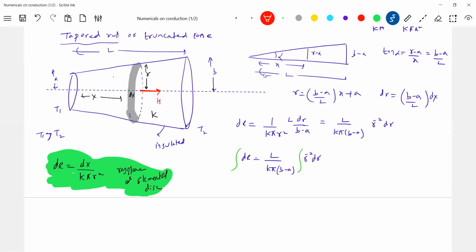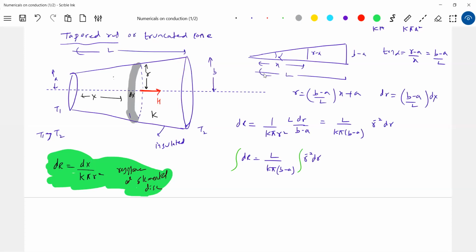Whatever the limits here: at the left-hand end, what is the radius? A. At the right-hand end?